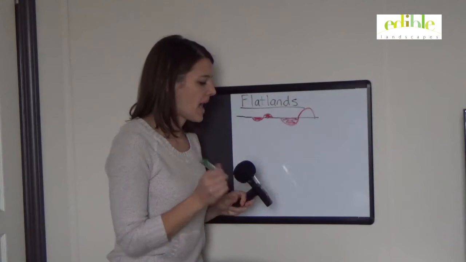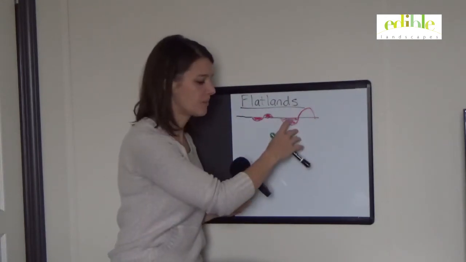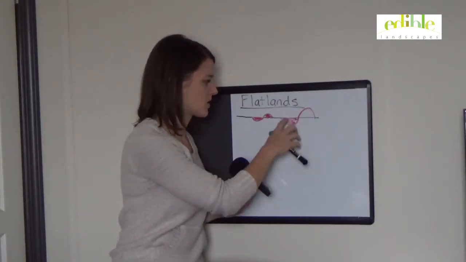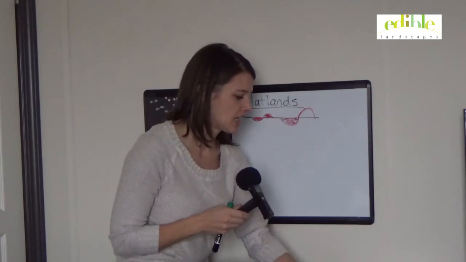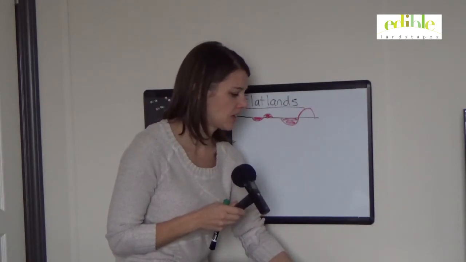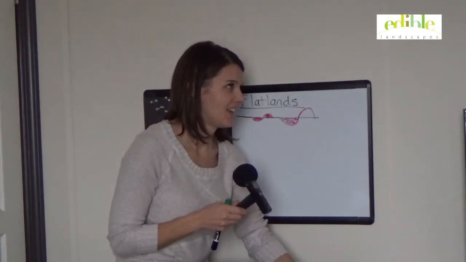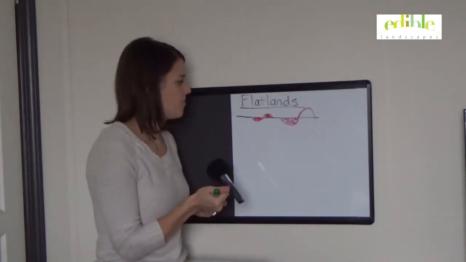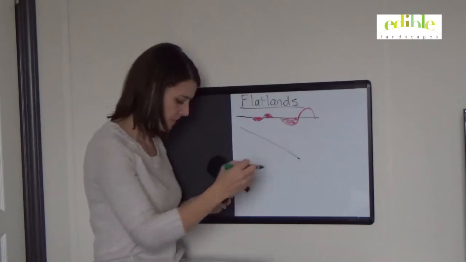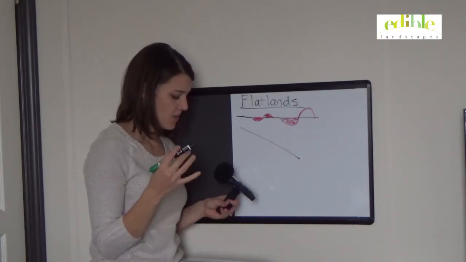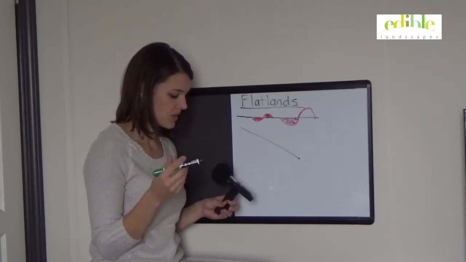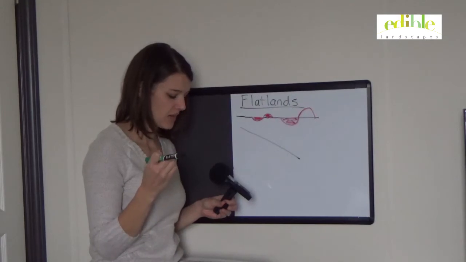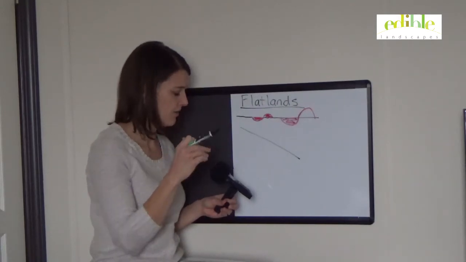So when we look at a slope, when you have a hole for a volume of water on a slope, you need less soil downhill than you need on flat land.